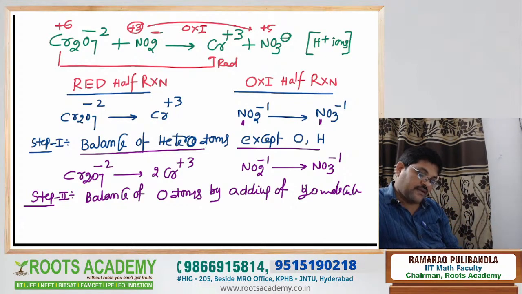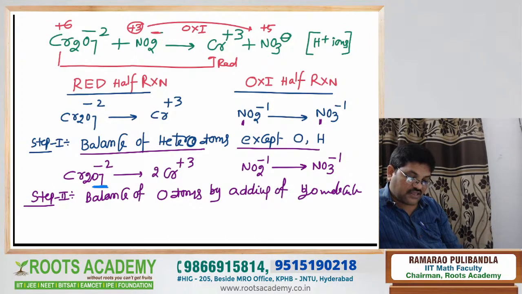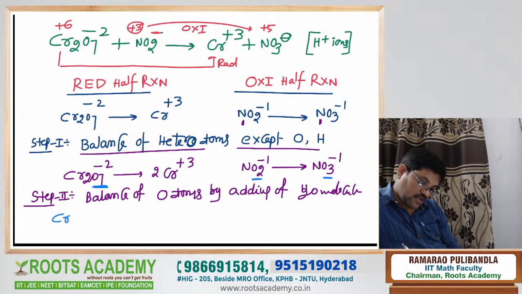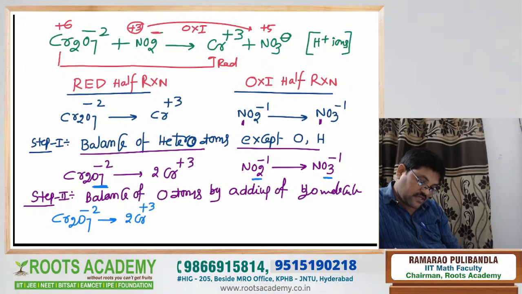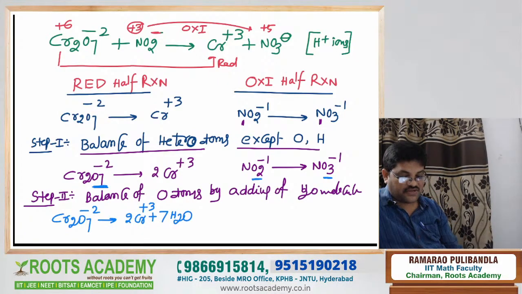Now see. Here 7 oxygen atoms are there, here 0 atoms. Here 2 atoms are there, here 3 atoms are there. That's why you write Cr2O7 2- gives rise to 2Cr 3+ plus 7H2O, because 7 oxygen atoms are there.